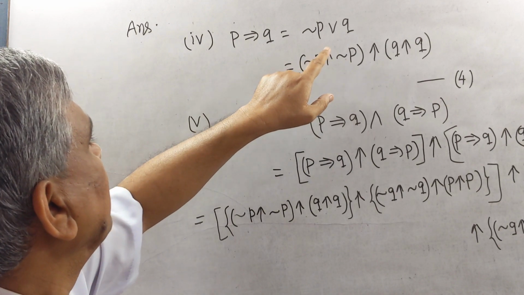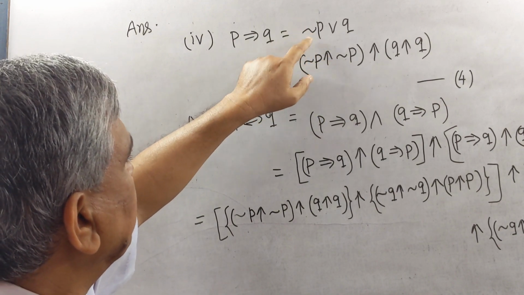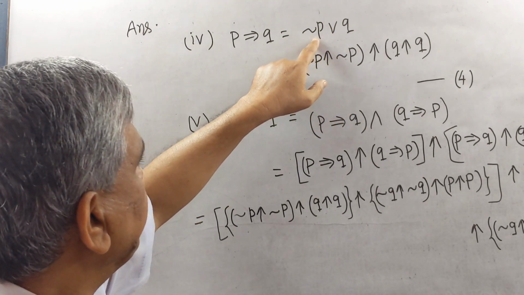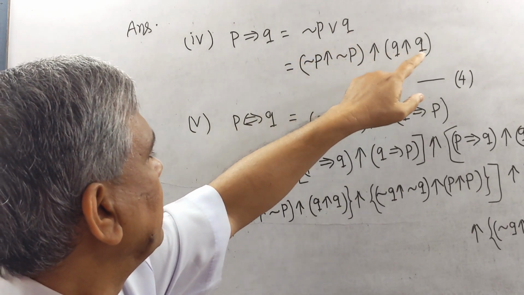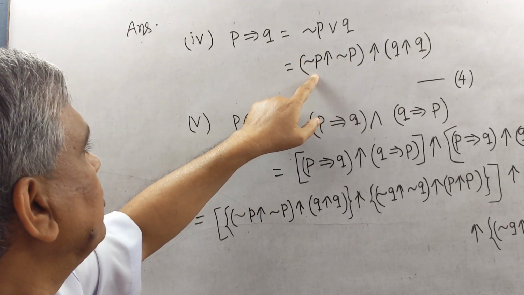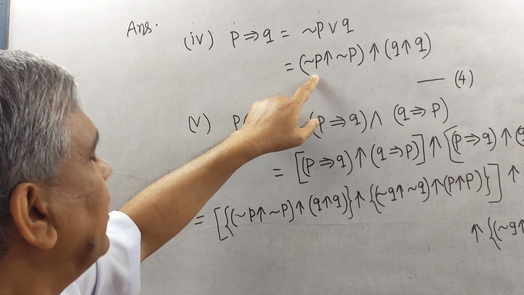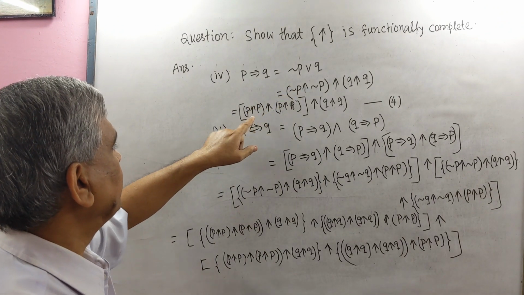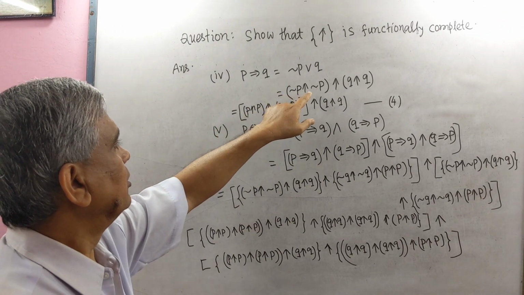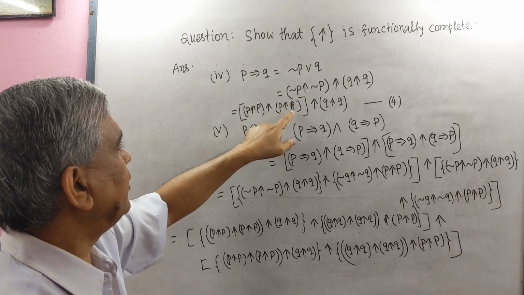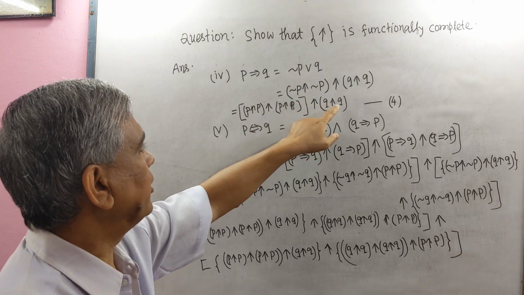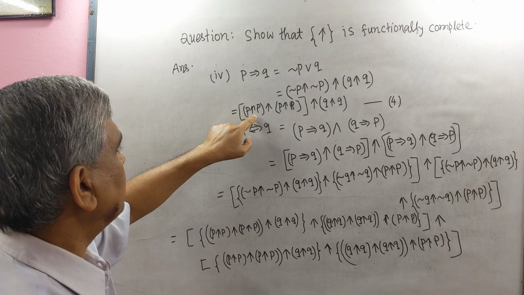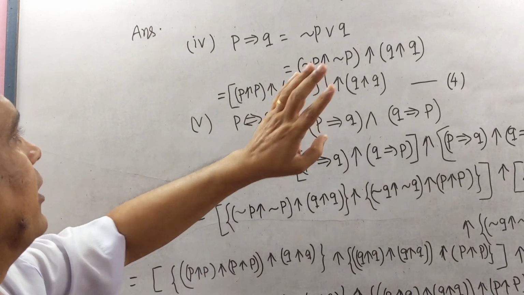Negation P is also expressed as NAND. Negation P means P NAND P. Therefore, negation P means P NAND P, NAND Q NAND Q. Therefore implication is expressed using NAND connectives only.